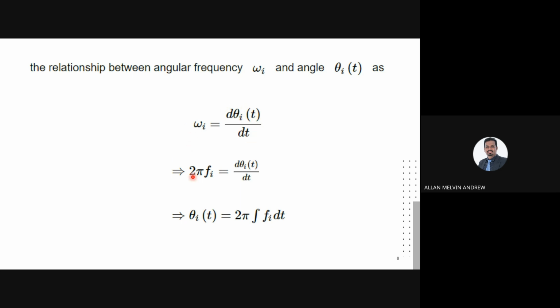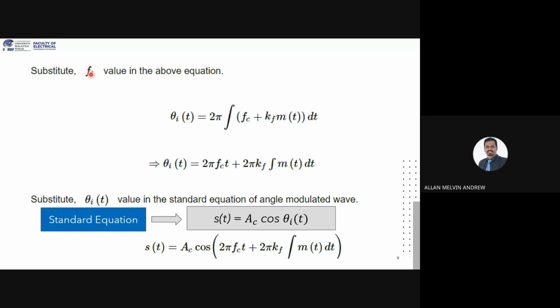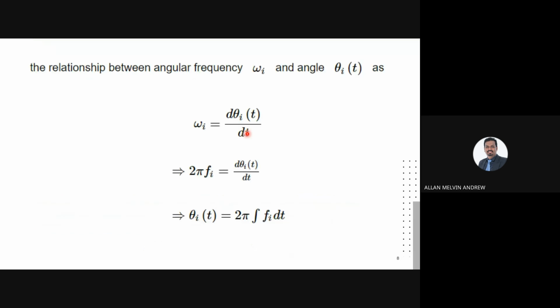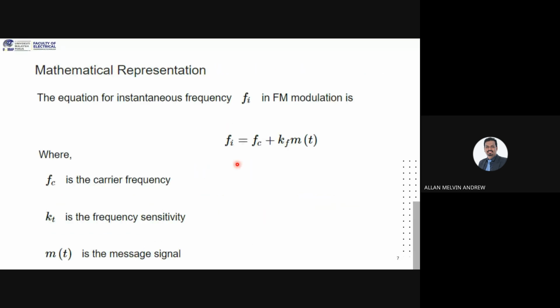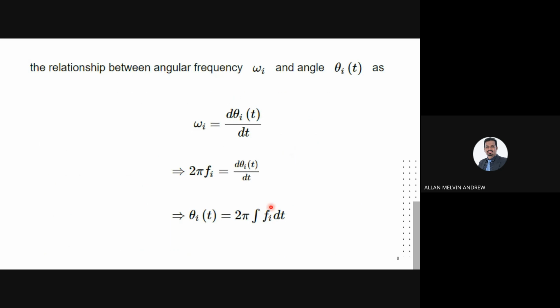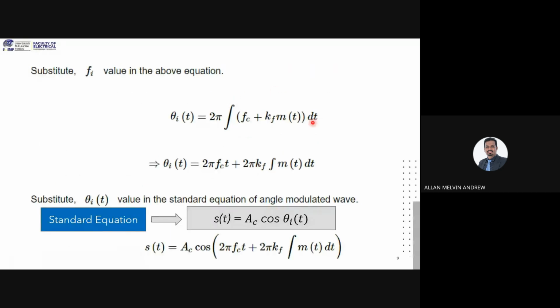Omega is 2 pi f, so 2 pi Fi, the instantaneous angular frequency, equals the angle over time. You can rearrange to form this equation. Once you form this equation, we substitute the Fi value in the above equation. So Fi is actually from this formula, and you are replacing it inside this formula in order to get this.